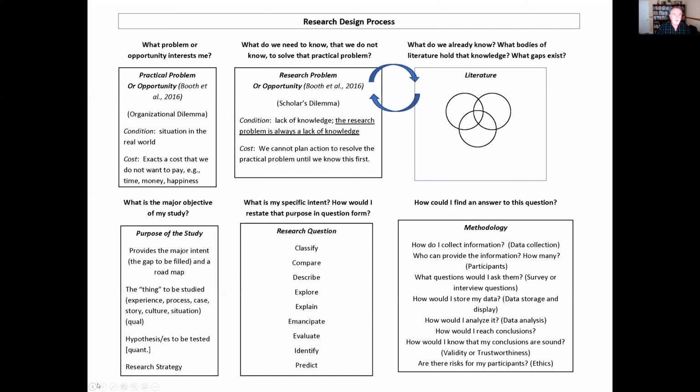So Dr. Sukel. Yes, so this research design process is something we teach in our PB 455 class. As I mentioned earlier, that's the class I teach on a regular basis. And each one of these aspects is so important to research. So I want us to have a conversation in regards to each one of these. So why don't we start with what problem or opportunities interest me?